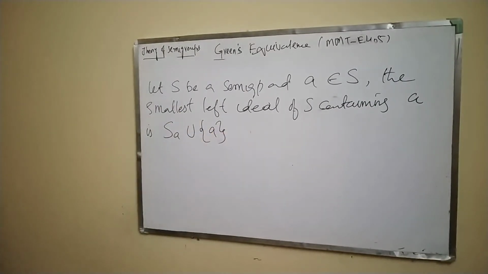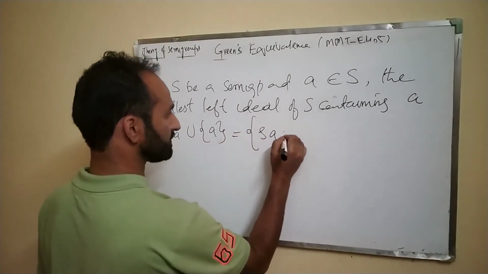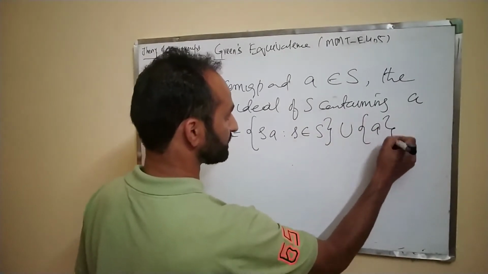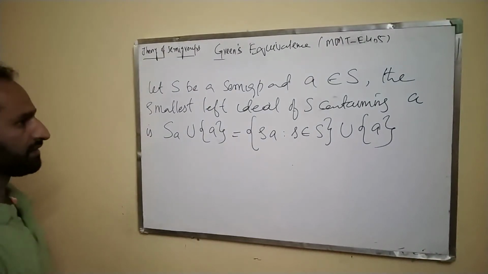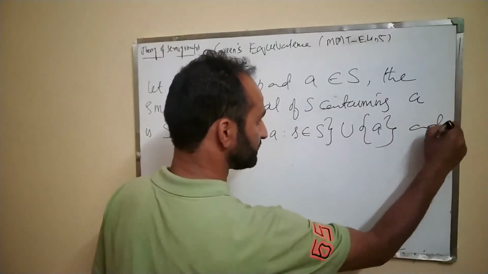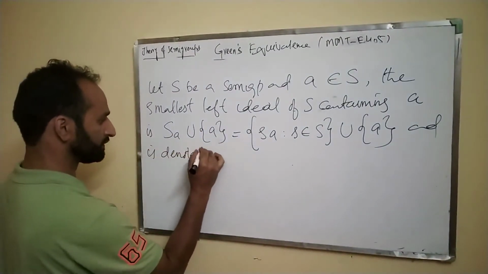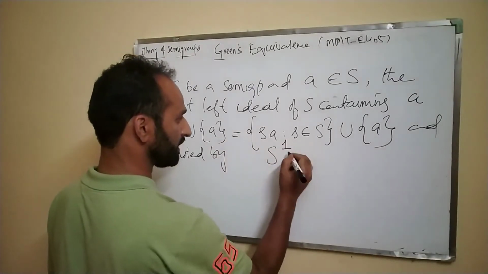So SA means this set, SA such that S belongs to S, union singleton A. It's the left ideal, and it contains A, and this is the smallest left ideal containing A, and is denoted by S1A.